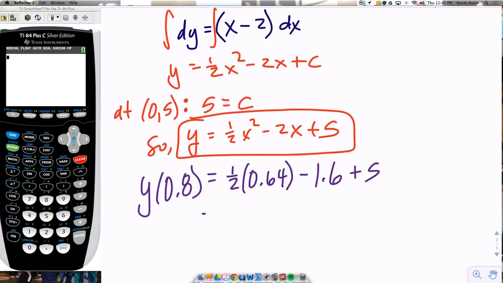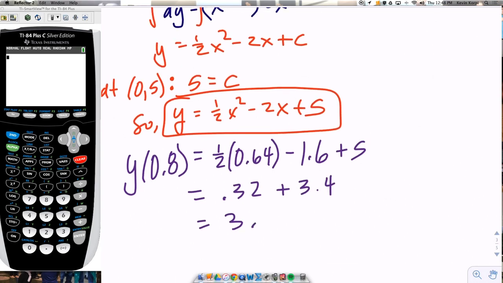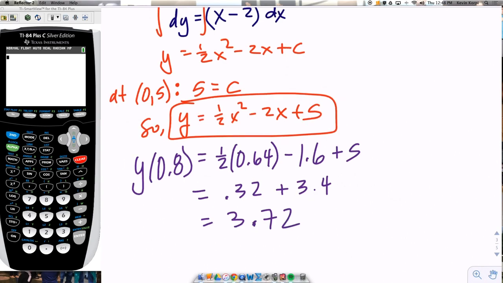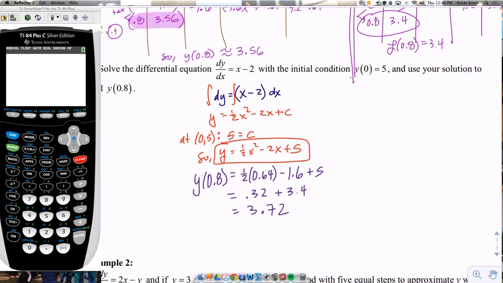So that's going to give you 0.32, plus 3.40. So it's going to end up being 3.72. Is that right? Any confirmations of that? Yeah, that looks good.